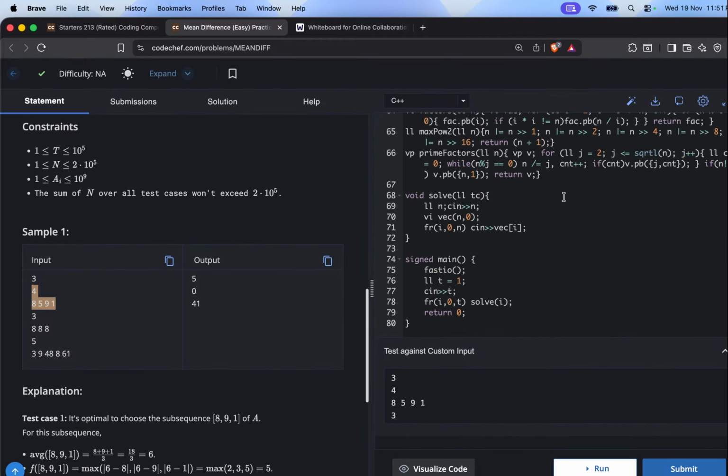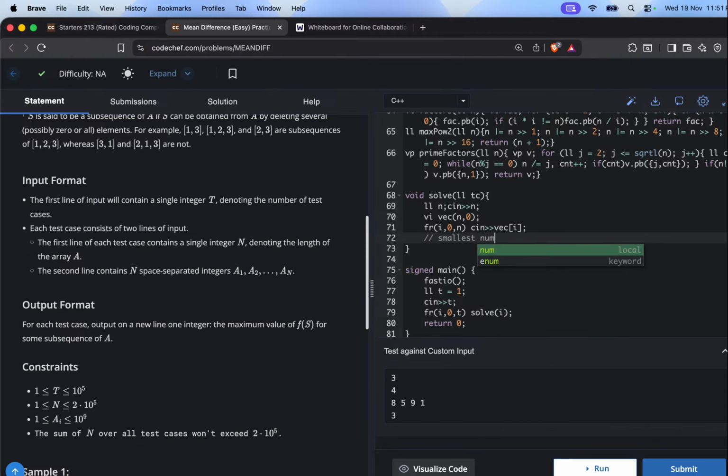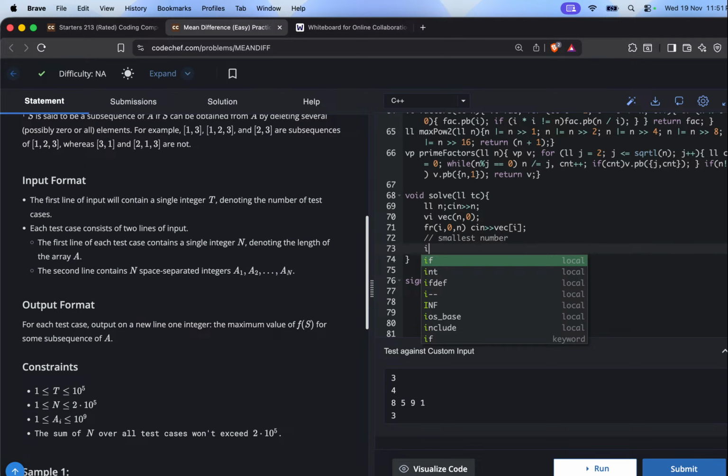So let's move to the implementation part. We are given an array, a list of numbers. First, we choose the smallest number. Compute the answer and compute the maximum possible answer.